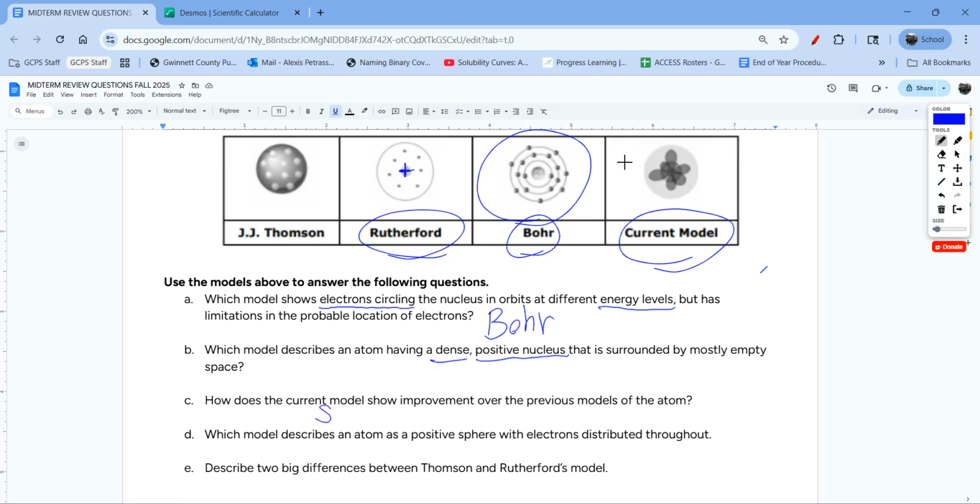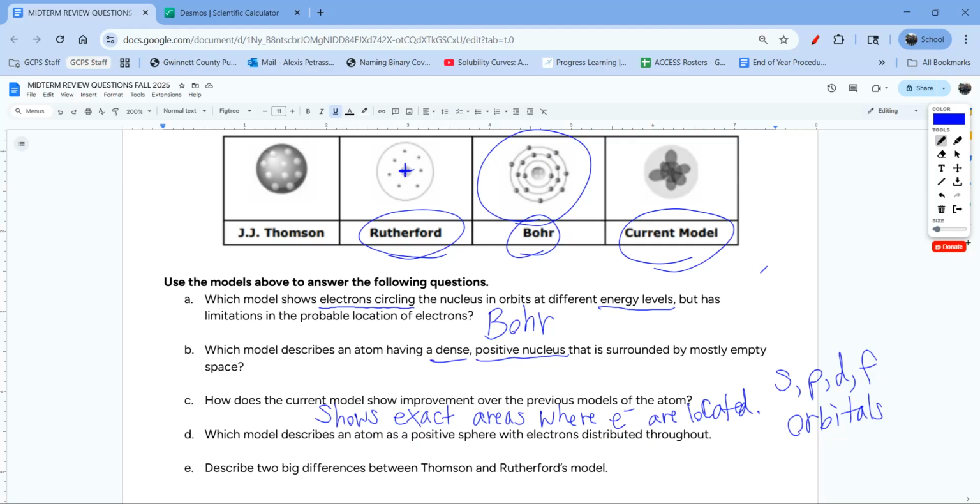So it shows exact areas where electrons are located, meaning the S, P, D, F orbitals. Don't forget about SPDF on your periodic table. You need it with electron configuration.